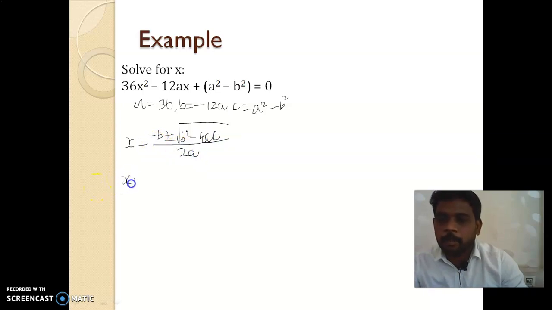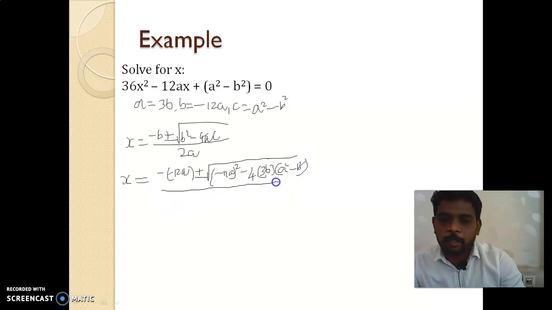So x equal to, minus B is there, so minus of minus 12A, plus or minus root of B square, that is minus 12A whole square, minus 4AC, minus 4 into, the A value is 36 and the C value is A square minus B square, and whole divided by 2 into 36.